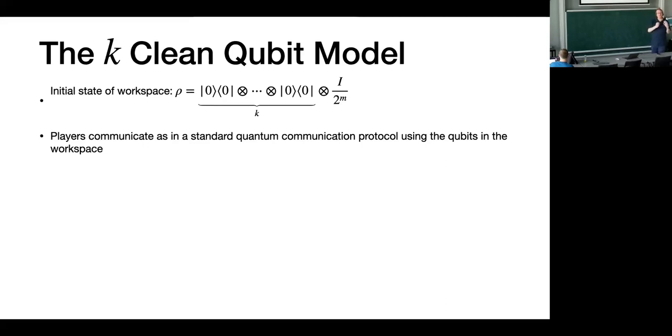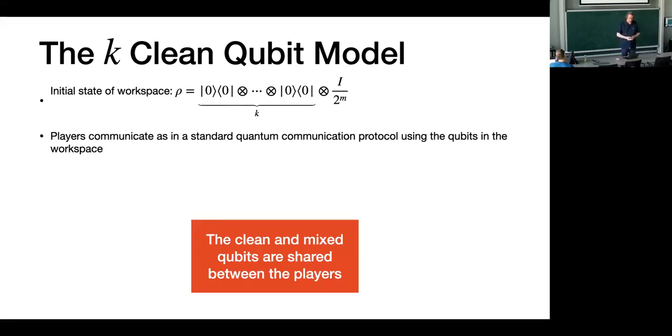They have no additional private workspace, and they have to use these qubits for communication. And so the qubits in the world are somehow distributed in the beginning among the players, right? So let's say Alice starts the communication, then it makes sense that she has at least one of the clean qubits, otherwise her first round would be totally wasted.